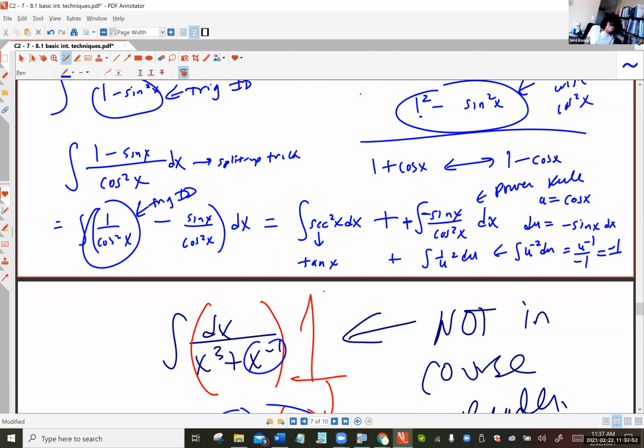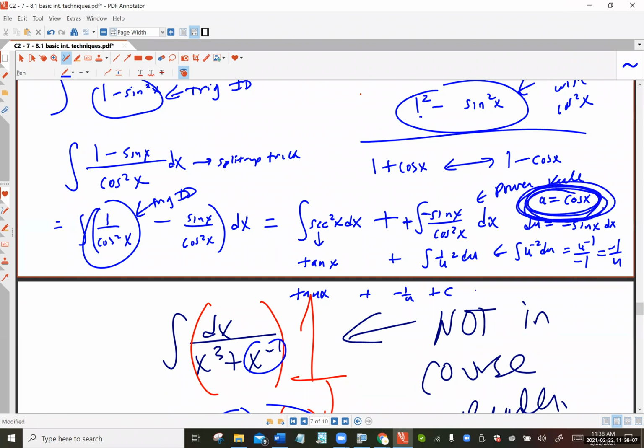So this is tan x still, running out of room as usual, plus negative 1 over u plus c, but put your u back in. What was it? Cosine. So then you're going to have tan x, I'll do the minus instead of plus a negative, minus 1 over cos x plus c, but you're going to do one more trig identity for me.